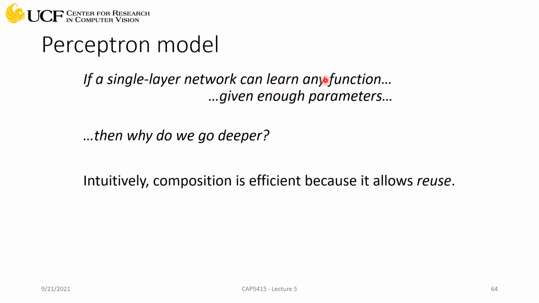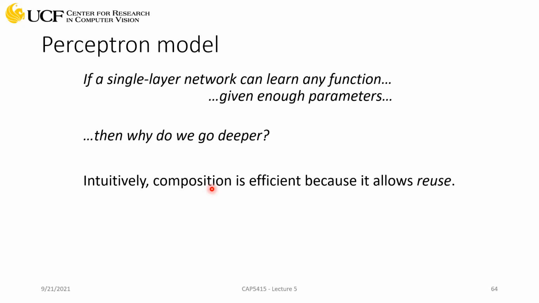Another interesting aspect of this perceptron model is, as I said, a single layer, if you have sufficient parameters, can learn any function. But still, when we develop these neural networks, we don't use just a single layer. We want to go deeper. We want to have multiple layers. If you try to understand why we need that, we want to make use of the power of composition, because however complex your function is, you can break it down into smaller components. For example, we were talking about NAND gates earlier, that you can use those NAND gates to derive complex functions.